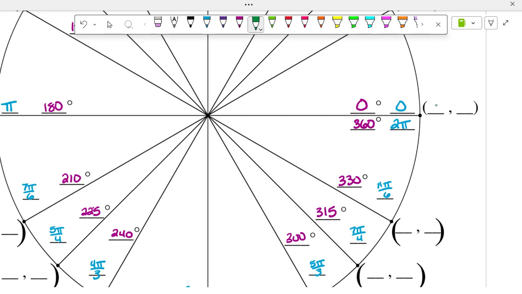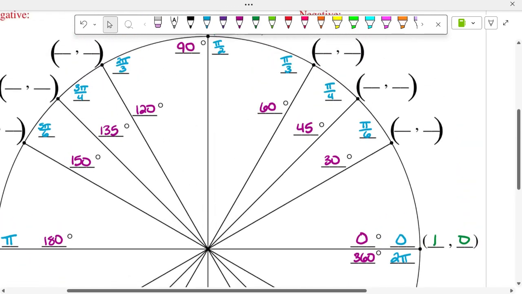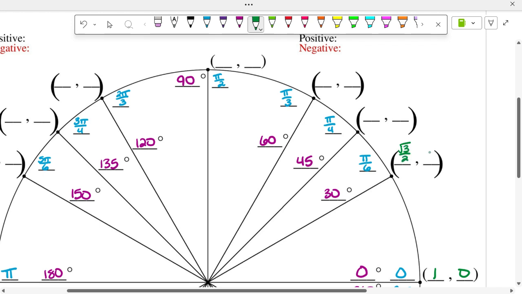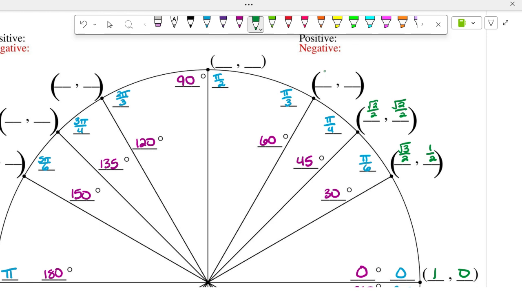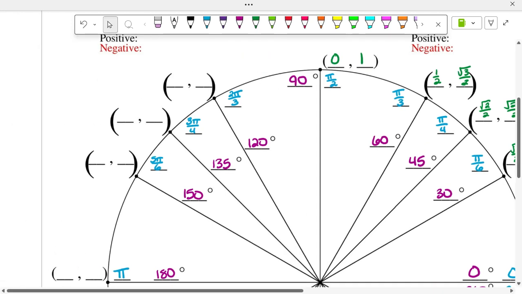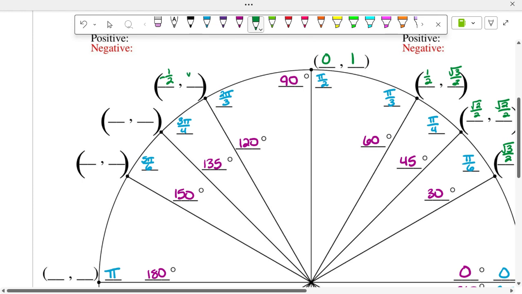So what's the first point here? 1, 0. Then square root 3 over 2 and what's 1/2? Then good. Then square root 3 over 2. Yeah. Then 0, 1. Then good. Then good.